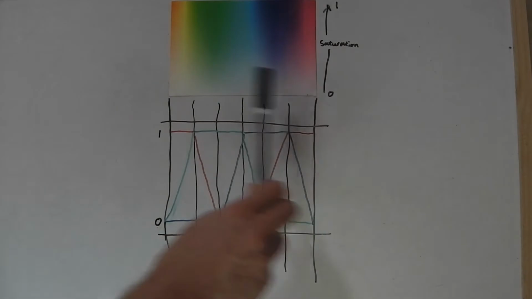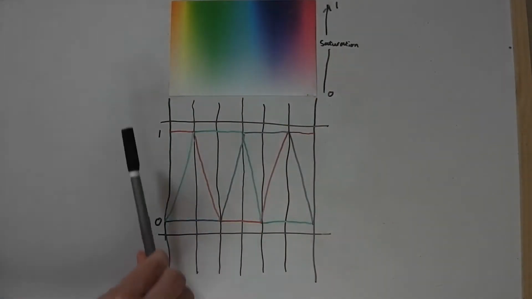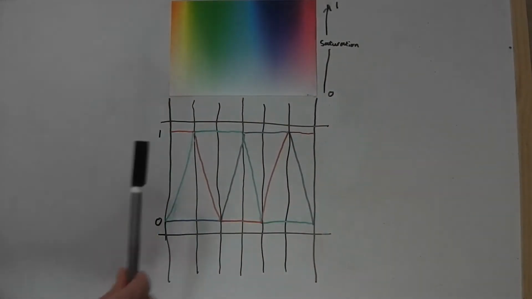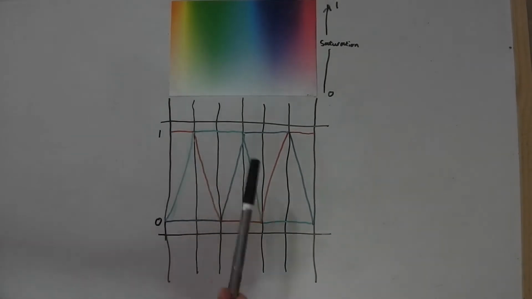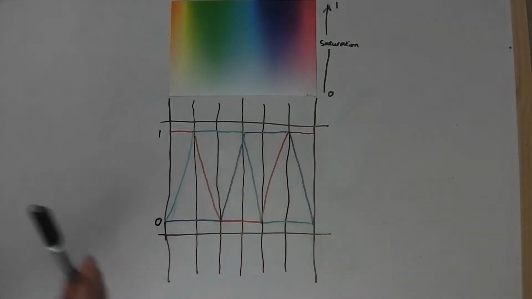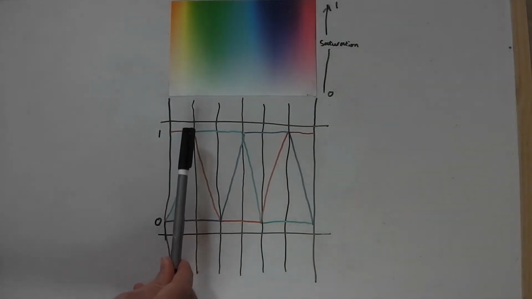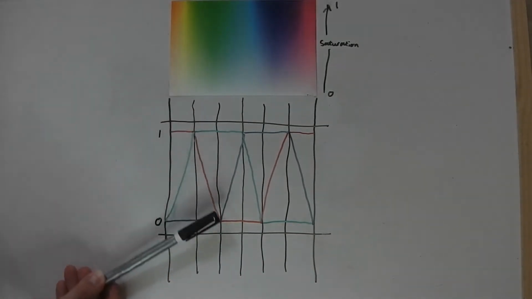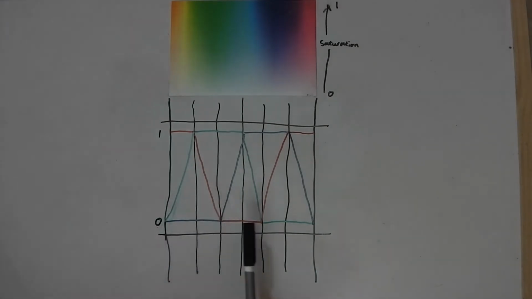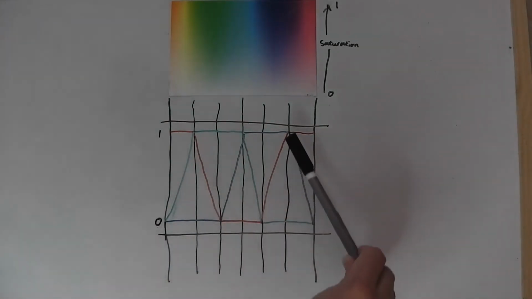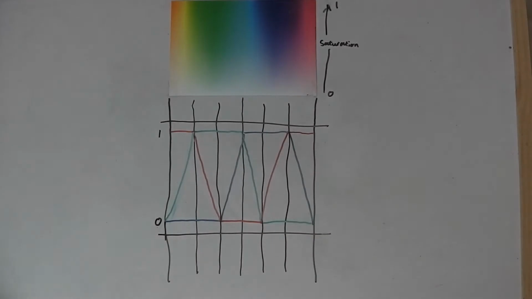For all of the values of the hue across here, we have this fairly regular pattern of R, G and B values, which I've marked out in red, green and blue. We start off with a red value of 1, 100% red, which then linearly decreases to 0, stays at 0 for 2 of these segments, linearly increases back to 1, and then stays at 1 for one segment.